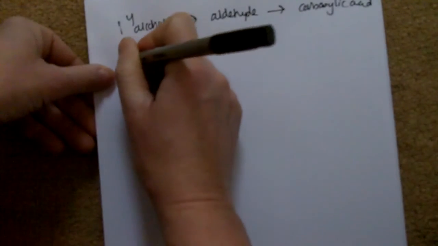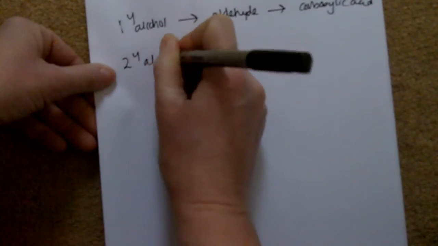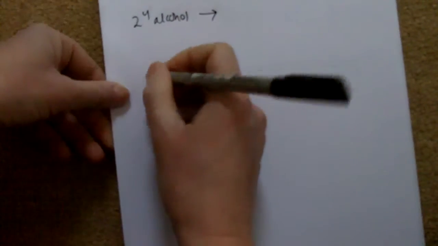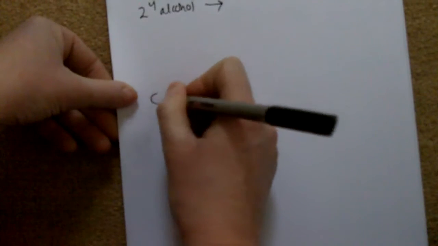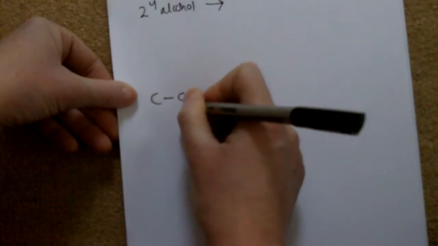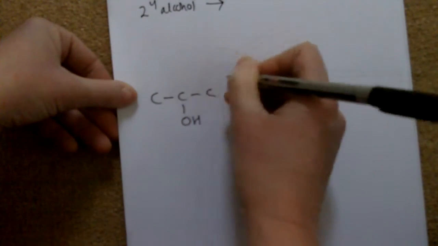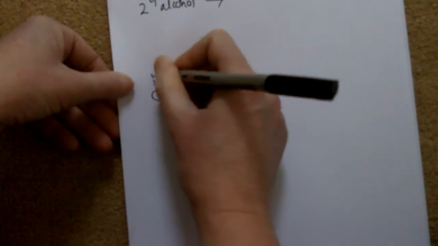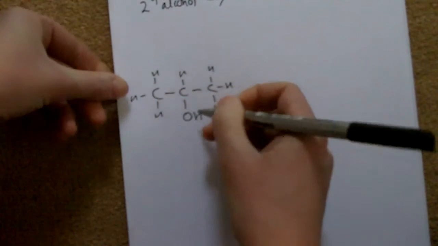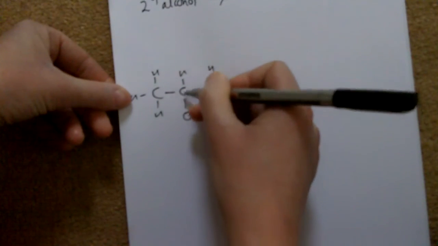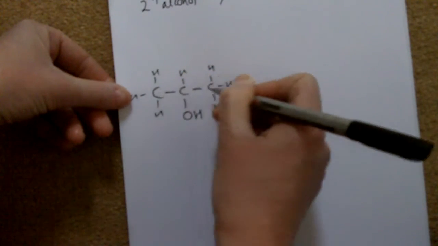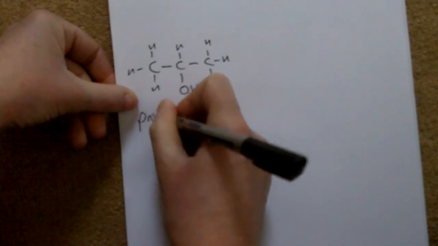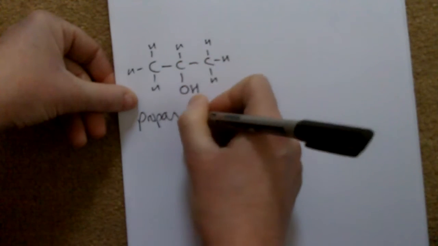What about if we take a secondary alcohol? What happens then? So I'm going to take this alcohol. Remember, a secondary alcohol, how to classify it: the carbon that's joined to the OH has got 2 other carbons joined, and this is called propan-2-ol, because it's on carbon 2.